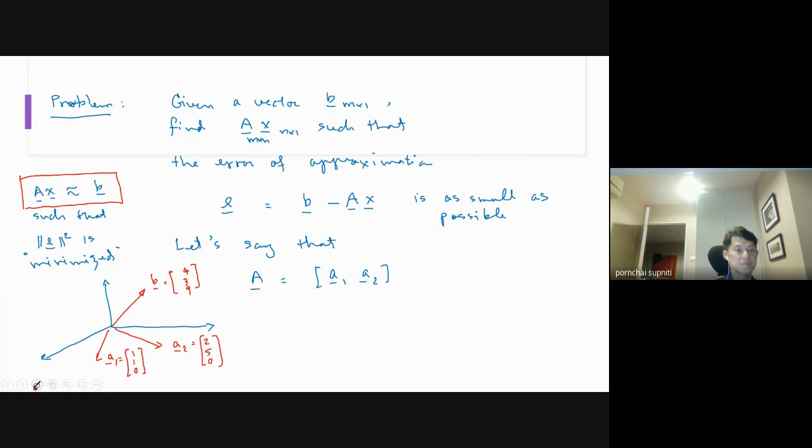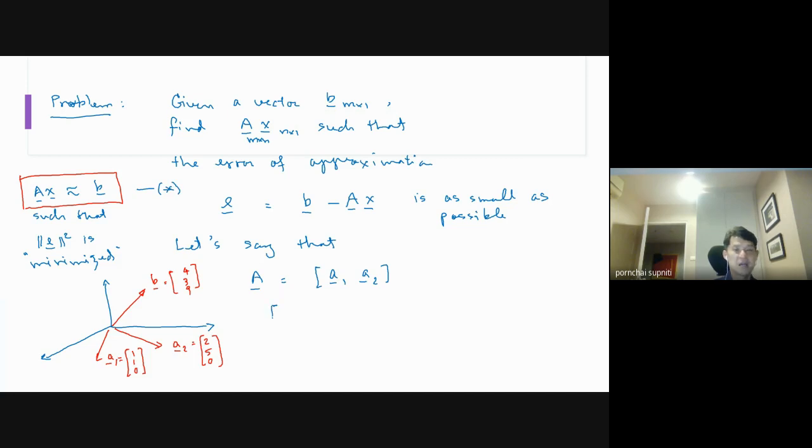So in such a case, A consists of two column vectors, which are A1 and A2. So the problem statement here is like this.